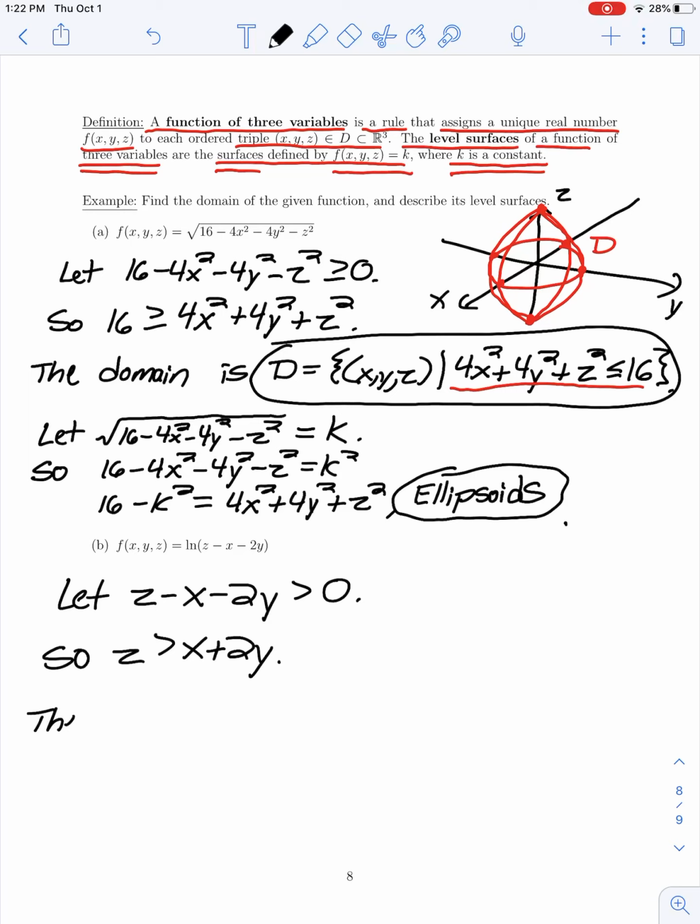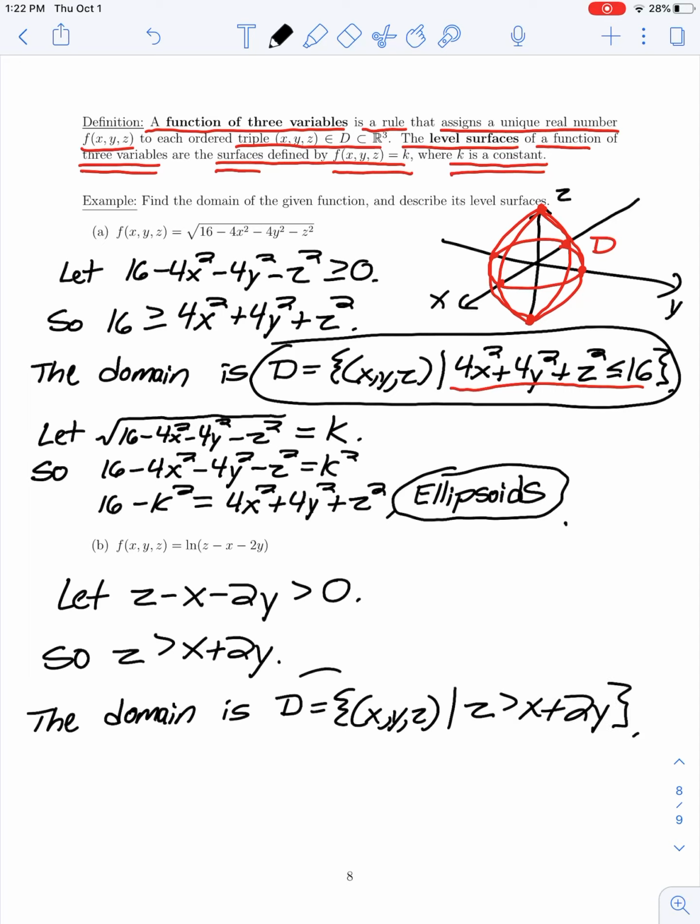So here we can say the domain is the set D of points in space x, y, z, such that this inequality holds. z has to be greater than x plus 2y. So we're talking about some region in space that lies above a plane.